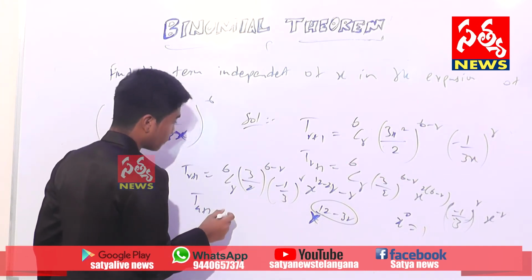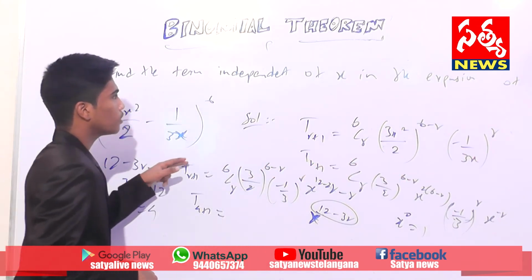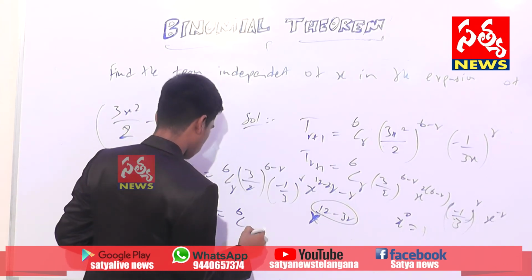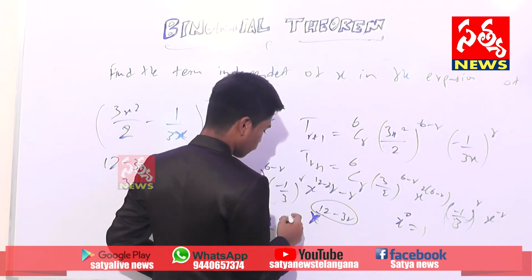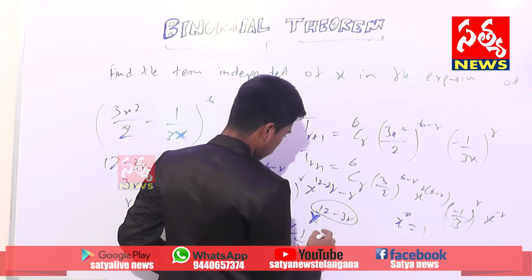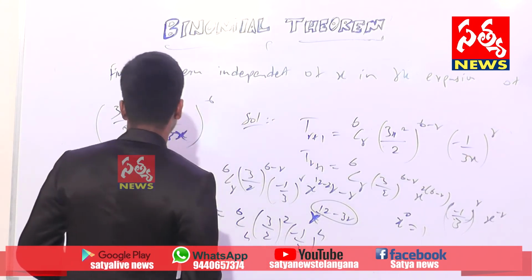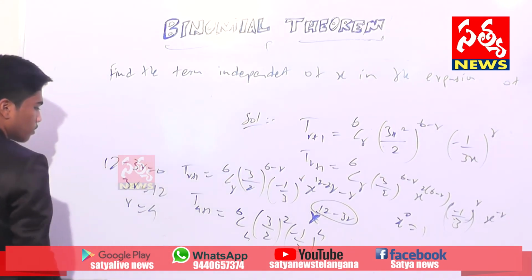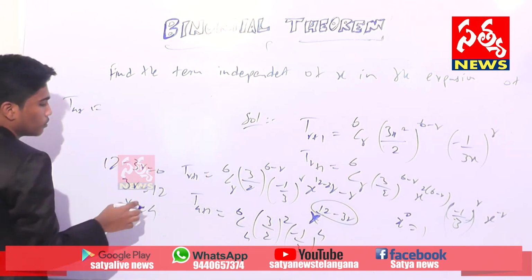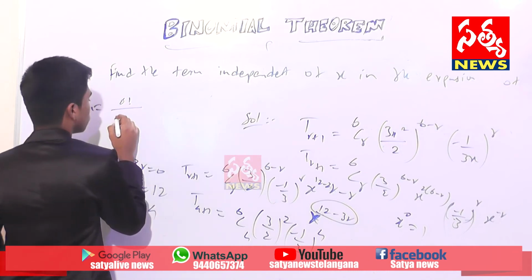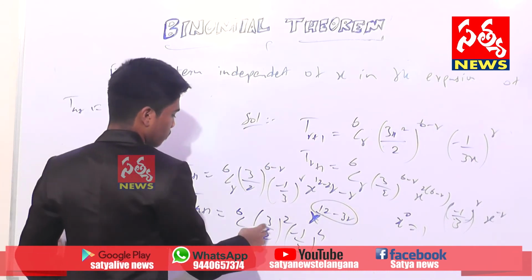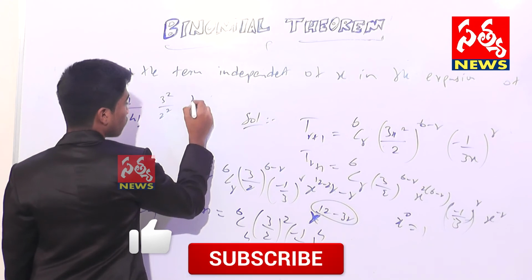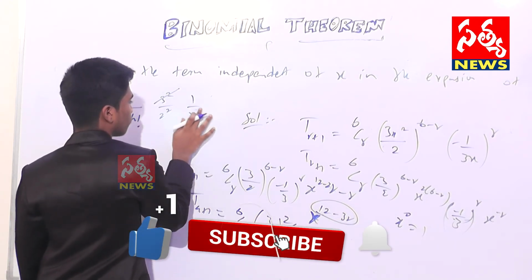And the fifth term of this expansion is the term which is independent of x: 6C4, 3 by 2 whole power 6 minus 4, minus 1 by 3 whole power 4.